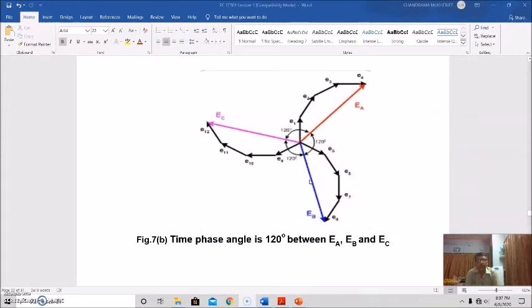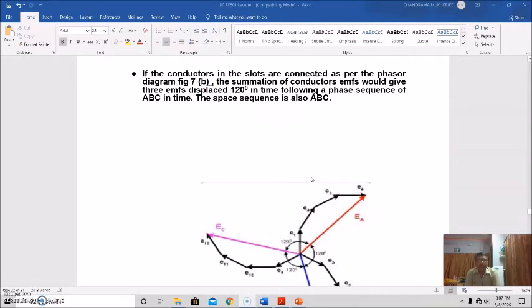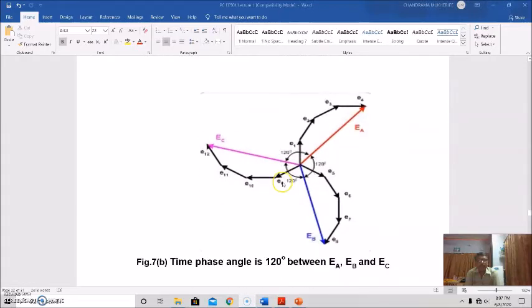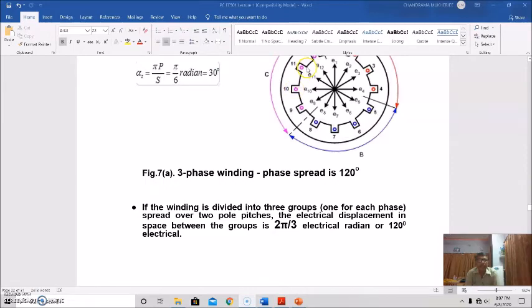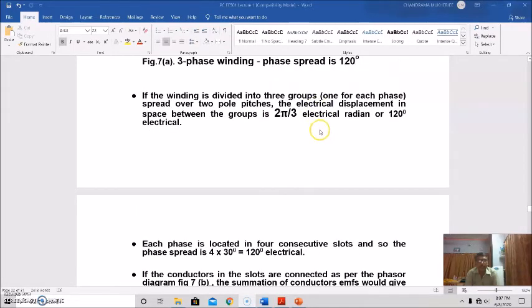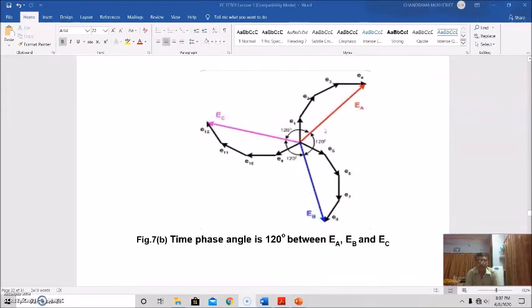Now for phase C, you have conductors 9, 10, 11 and 12. If you sum up here, this is E9 due to conductor 9, this is for conductor 10, conductor 11, conductor 12, and each EMF is 30 degrees apart.